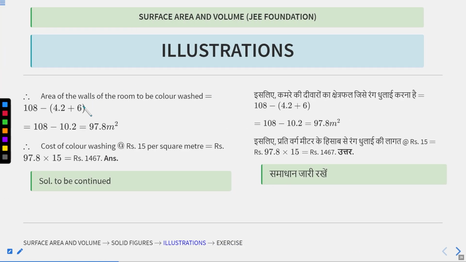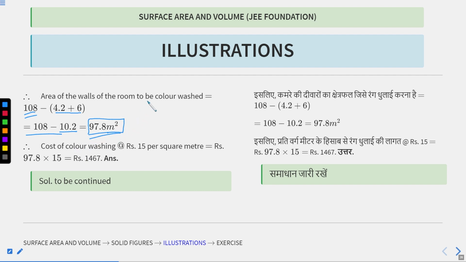So the required area is equal to the area of the 4 walls minus the area of the door and the windows, which is 4.2 plus 6, which is 10.2, and in total the required area will be 97.8 meter square. So this is the area available for color wash.